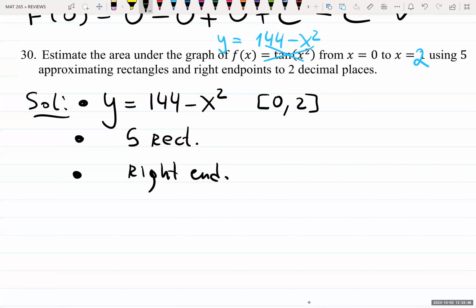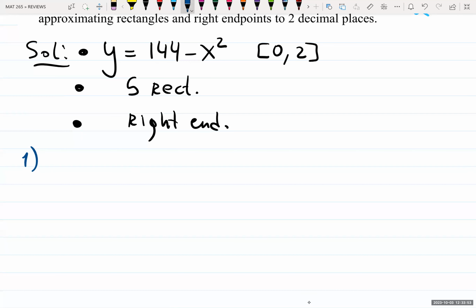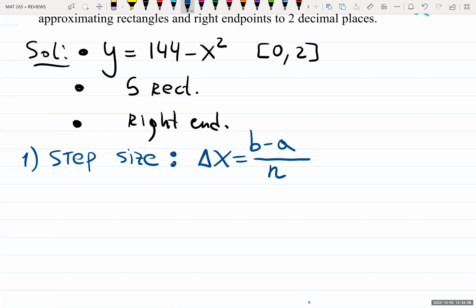Before even figuring out how to start, I want to find the step size called delta x. Step 1, find the step size, because we cannot proceed without it. Step size is that delta x thing you've seen, and it has a formula: end minus beginning divided by the number of intervals, which in this case is the number of rectangles.